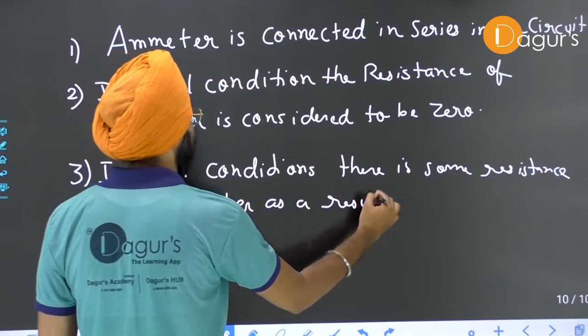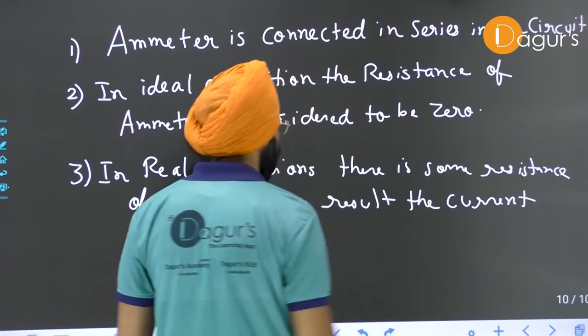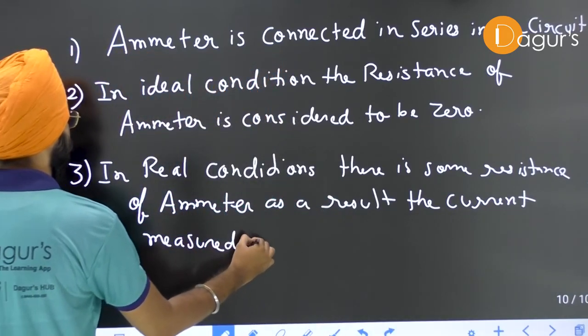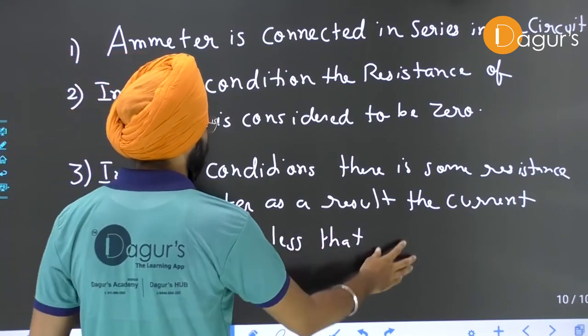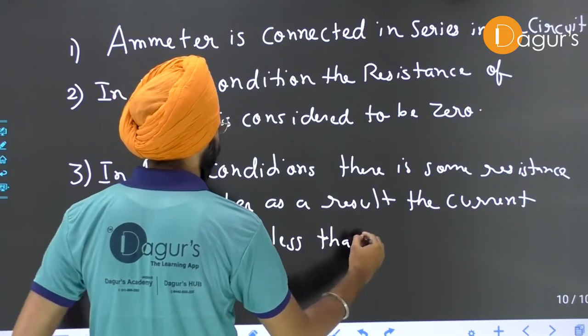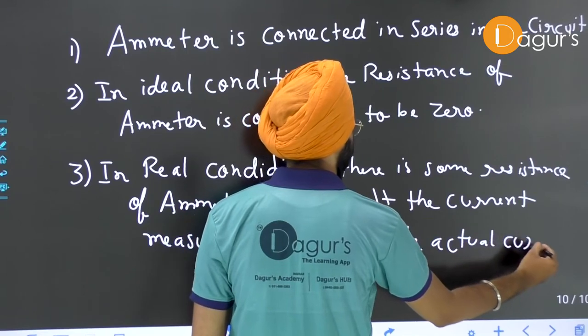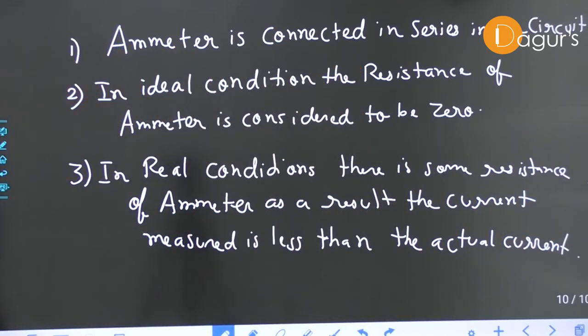As a result, the current measured is less than the actual current. So these are the 3 points which you must learn, and you must remember these points now only.